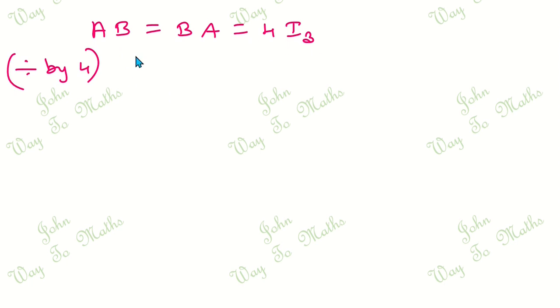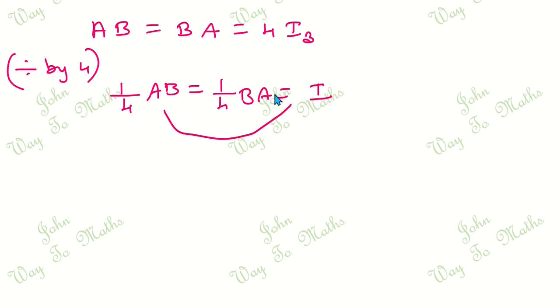So from the result we get AB is equal to BA is equal to 4 times the identity matrix with order 3. So here 4 is a multiple, so I'm going to divide by 4 on all sides. So 1 by 4 of AB is equal to 1 by 4 of BA is equal to 4 times the identity matrix divided by 4; 4 will be eliminated, so the remaining is the identity matrix.